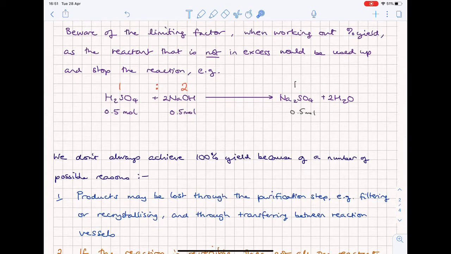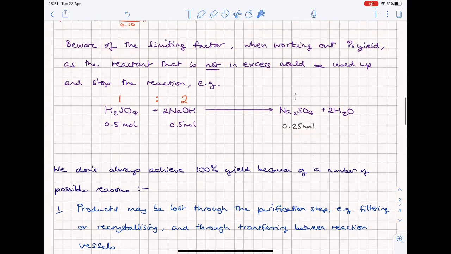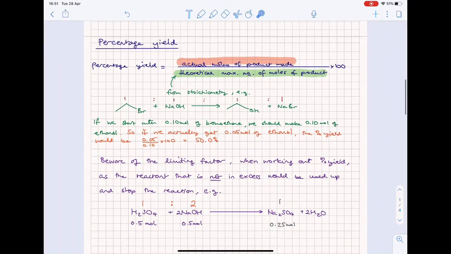So the actual amount of sodium sulfate I'm going to get isn't 0.5, it's going to be limited by the amount of sodium hydroxide, so therefore the amount of sodium sulfate I'm going to get at the end is going to be 0.25 moles. So this will be my theoretical maximum in my equation for percentage yield, because this is the maximum amount of sodium sulfate I can get if I use these amounts of the reactants here. There's no way I can get any more of the sodium sulfate. So you need to be aware of the limiting factor in working out percentage yield.